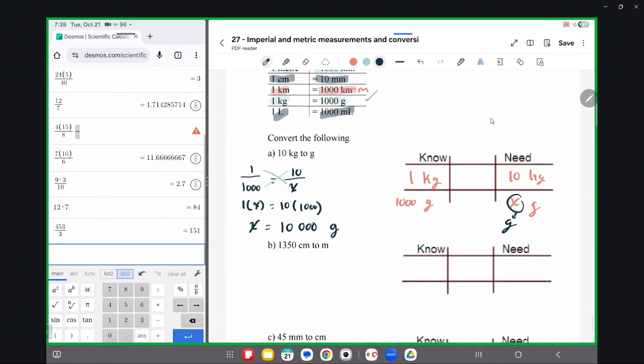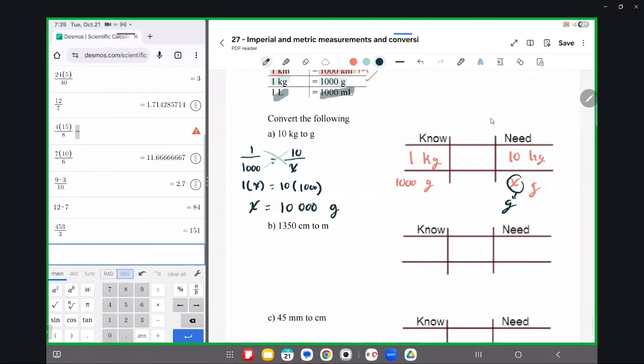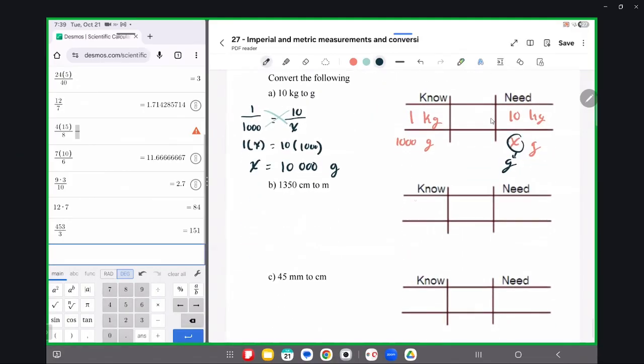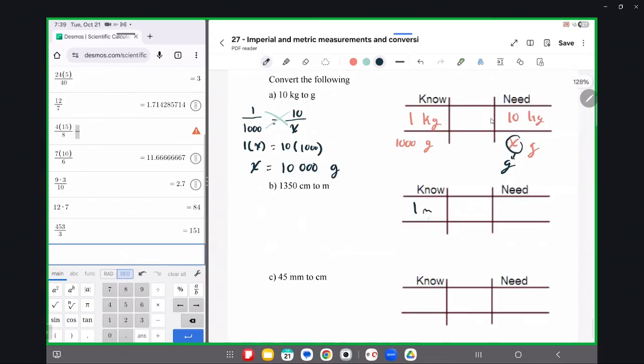What about 1,350 centimeters to meters? We can see that 1 meter is 100 centimeters. So we'll say that 100 centimeters is 1 meter, and we want to know what 1,350 centimeters is with respect to meters.